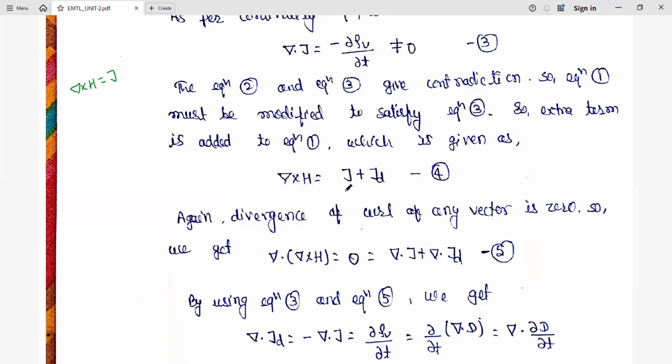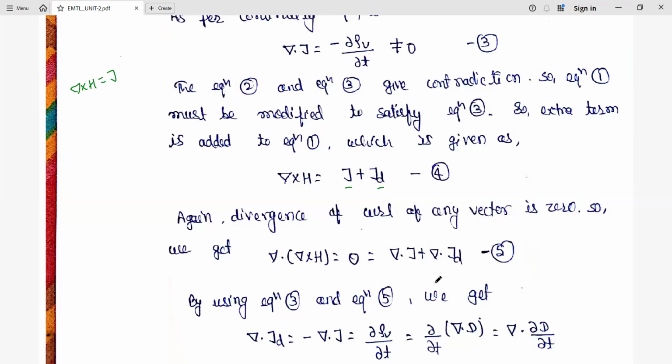So in equation 1, apart from J, we have J plus J_D. This J_D is the displacement current density. Again, the divergence of the curl of any vector is 0, as we have seen earlier, so del dot del cross H equal to 0. So del dot J plus del dot J_D should be 0.